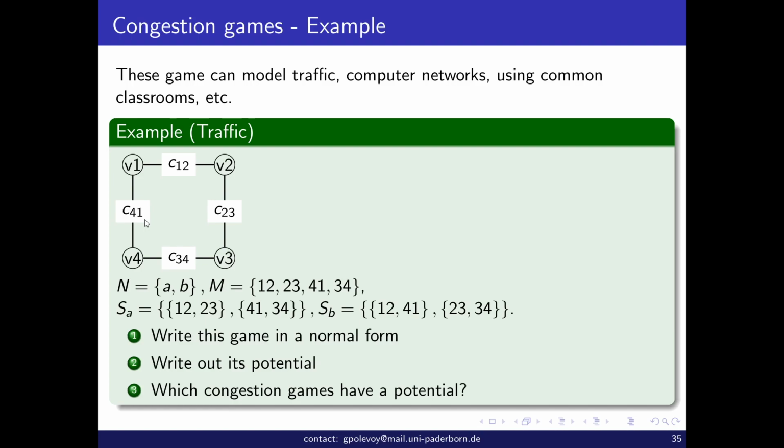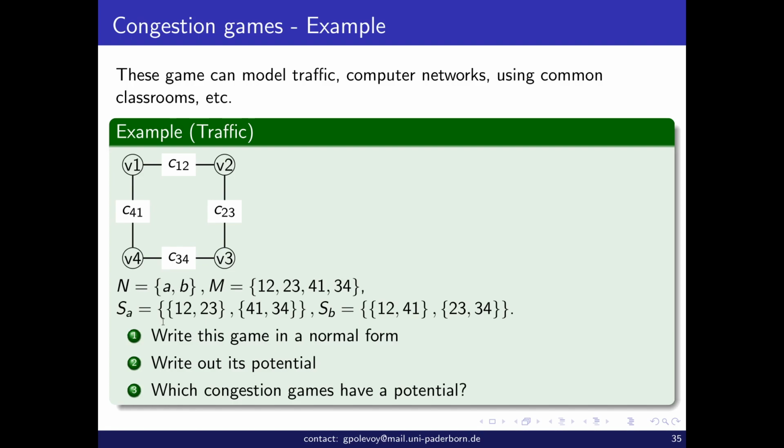Now the set of players N includes 2 players, A and B. It includes the possible facilities 1,2; 2,3; 4,1; and 3,4. So the possible edges, simply between 1 and 2, between 2 and 3, between 4 and 1, between 3 and 4. All those 4 edges. We assume there are no edges between 1 and 3 and 2 and 4 directly.